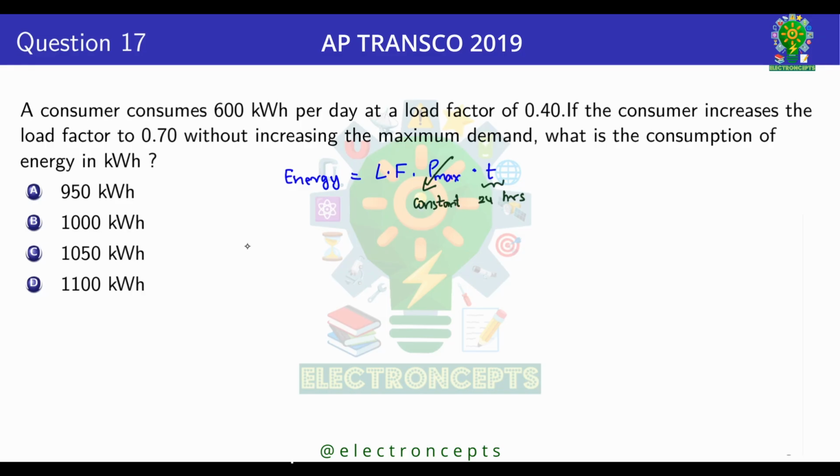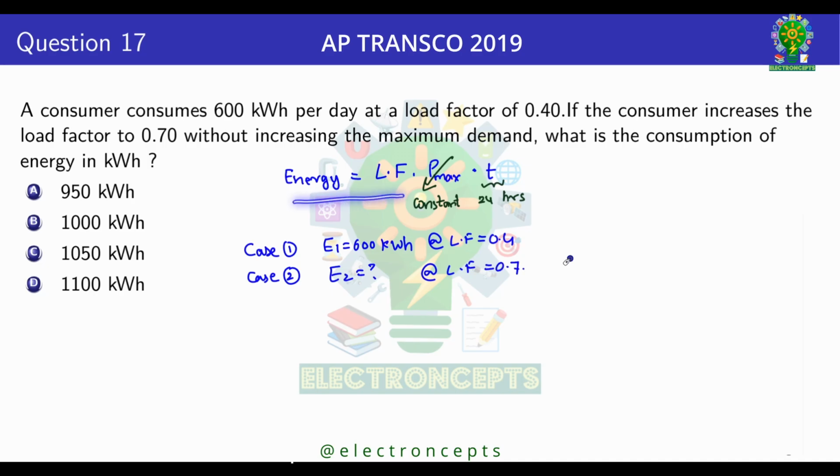In the question, there are two cases. Case 1 is E1 equal to 600 kilowatt hour at load factor equal to 0.4, and case 2 is we need to find E2 for the load factor of 0.7.